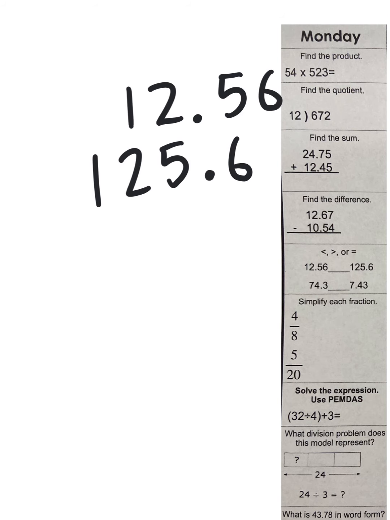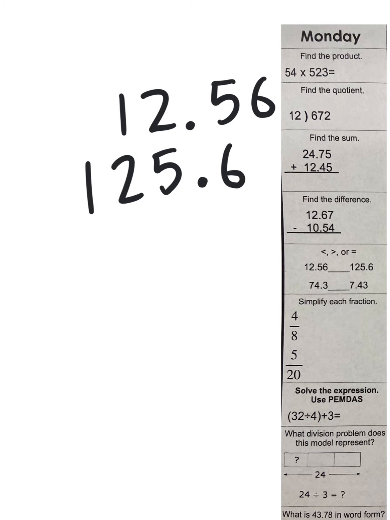Now let's compare 12 and 56 hundredths and 125 and 6 tenths. We'll compare them based on less than, greater than, or equal to. Before I do that, I want to line up my place values. I see here I have a space in the thousandths. I can place a placeholder there. There's also a space here in the whole number hundreds, just so you can see those place values.